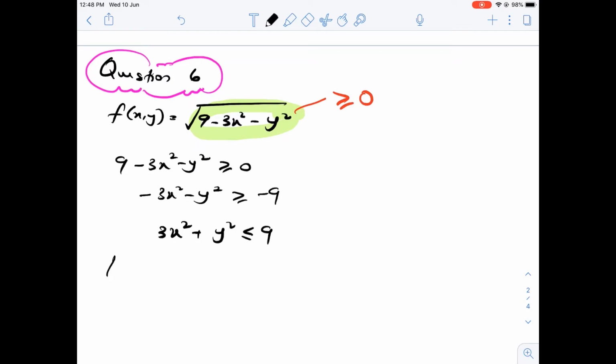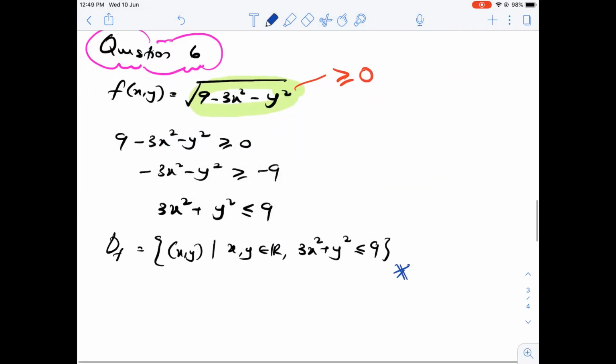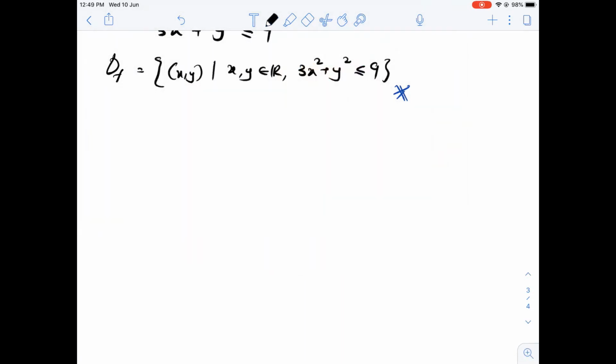Therefore the answer of the domain should be (x,y) such that x and y are elements of the real numbers, but 3x squared plus y squared must be less than or equal to 9. Okay, that's it. Done. Alright, next let us move to question number 7.